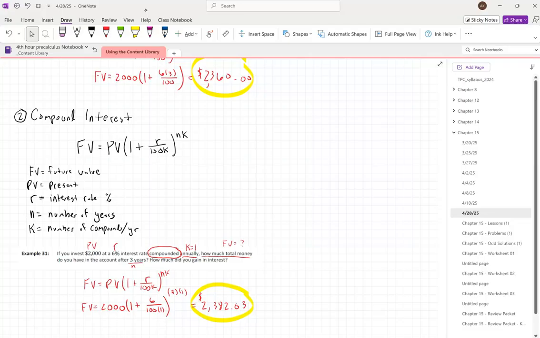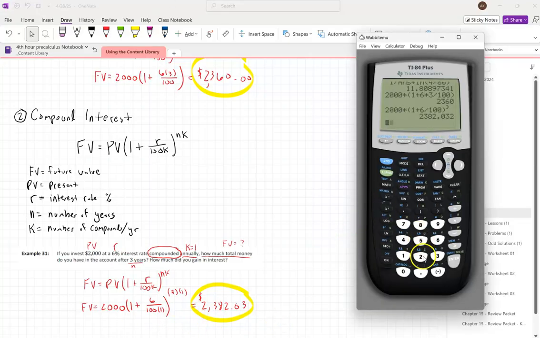That's the compound nature. Now, over the short term, Mr. Kulik, that's not a big deal. 22 bucks over 3 years, big whoop. What if we did this now for 50 years? So if I did simple interest for 50 years, that's $8,000.